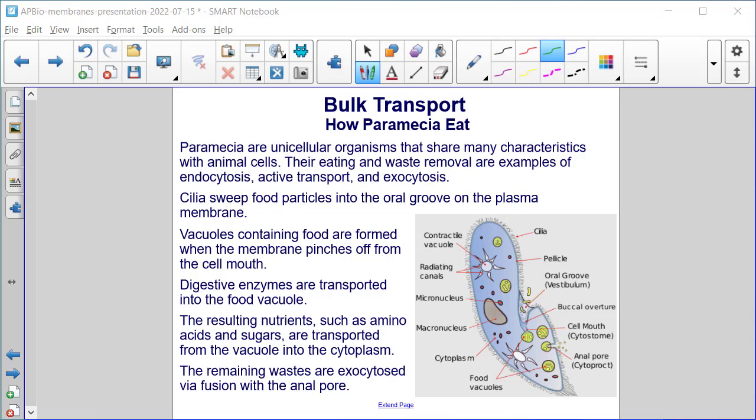Digestive enzymes are transported into the food vacuole. The resulting nutrients, such as amino acids and sugars, are transported from the vacuole into the cytoplasm. The remaining wastes are exocytosed via fusion with the anal pore. So you can see the endocytosis starting here at the oral groove and the exocytosis here at the anal pore.